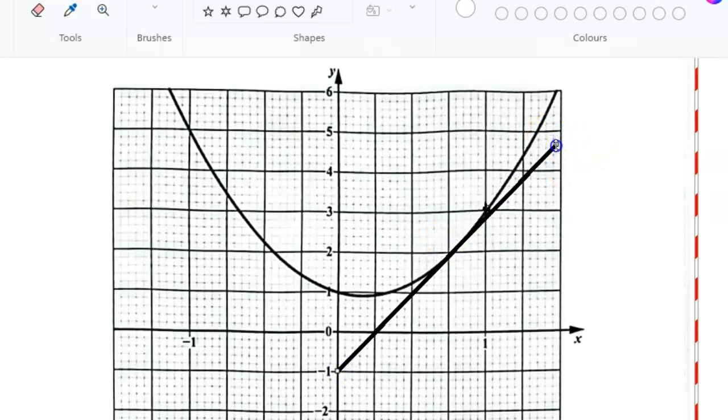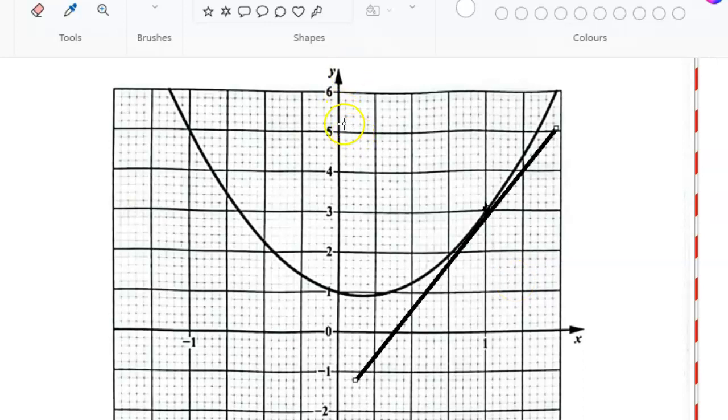As best as I can. Okay, so it should look something like that. Of course, you must touch the graph only once at x equal to 1. And then this line is a tangent line.